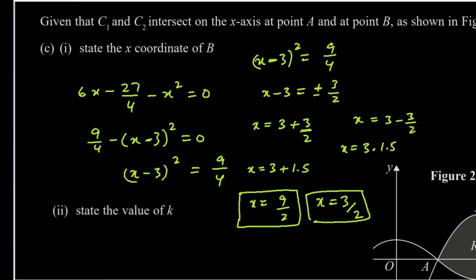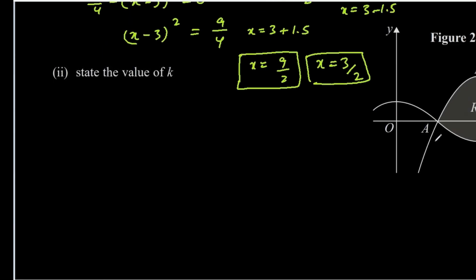Or in the diagram, if I say this is going to be x equals 3 over 2, which is 1.5, and this one is going to be 9 over 2, which equals 4.5. I can write here 1.5, and this one is going to be 4.5.